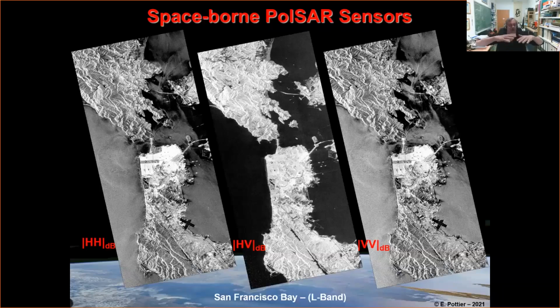The sea surface is a rough surface. At the limit, it is a flat surface. If I have a horizontal wave, there is no reason why the wave would change to a vertical component and come back as a vertical polarization. So this is why there is no depolarization. This is why HV is very low on this surface. On this image, HV is very dark.